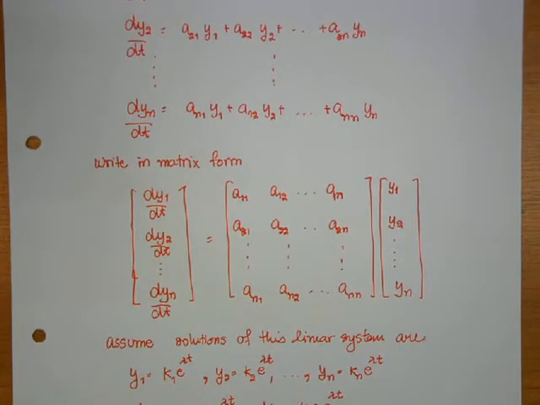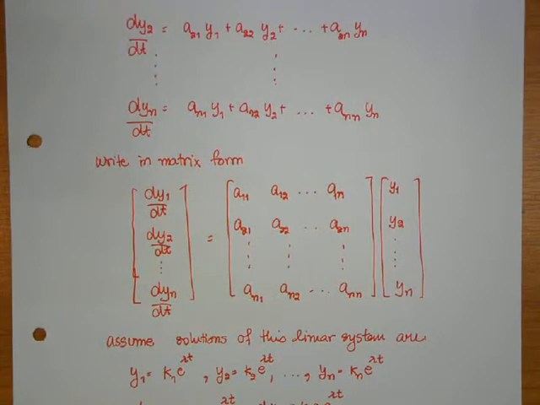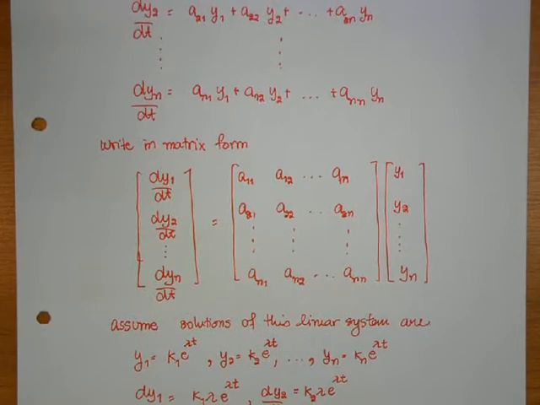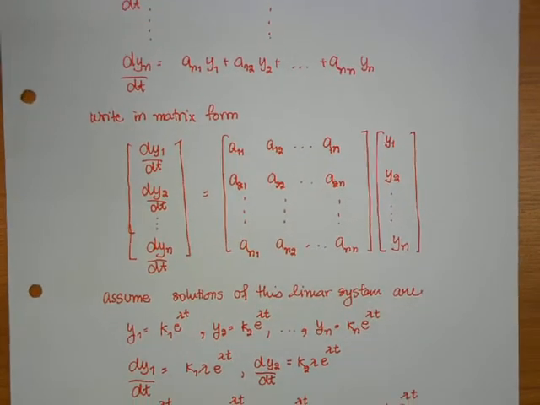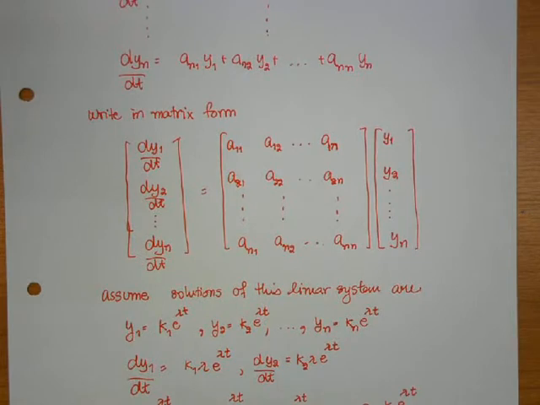From our assumption, we are going to plug the values of y1, y2 to yn back into our linear system. If you take a look at our linear system, it is a first order differential equation. So for each term of the y solution, y1 to yn, we are going to take the first derivative. For y1, the first derivative dy1/dt would be equal to k1 times lambda times exponential of lambda t, right?